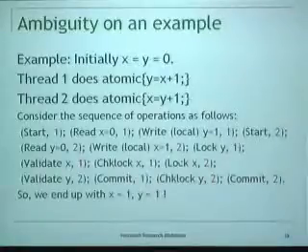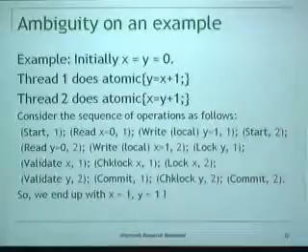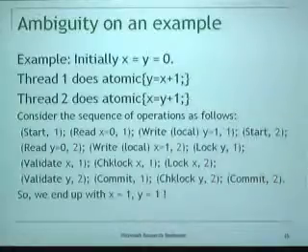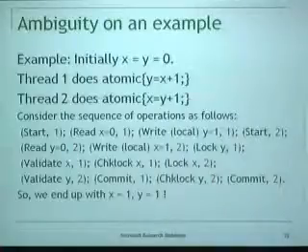It will lock it later. So this check also goes through, and now the second thread locks the variable x. It validates y. As the first thread has not yet written the value globally, the validation goes through.